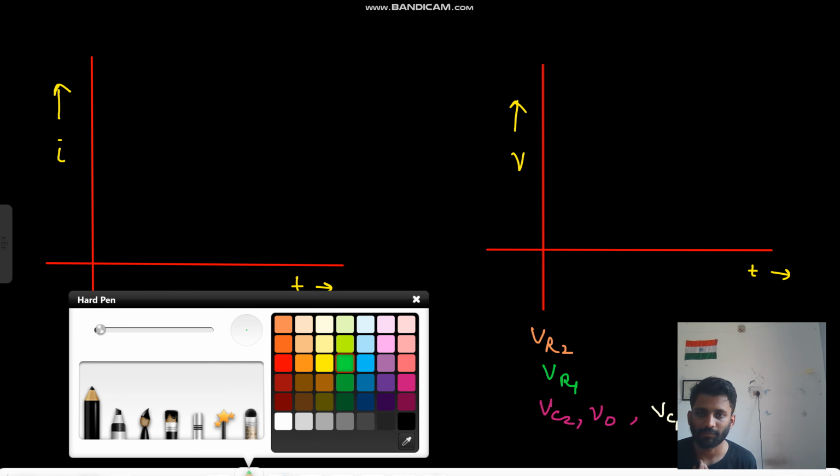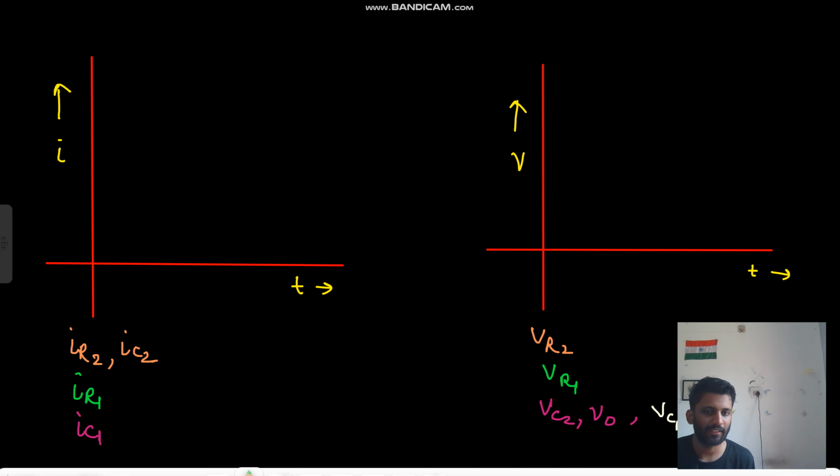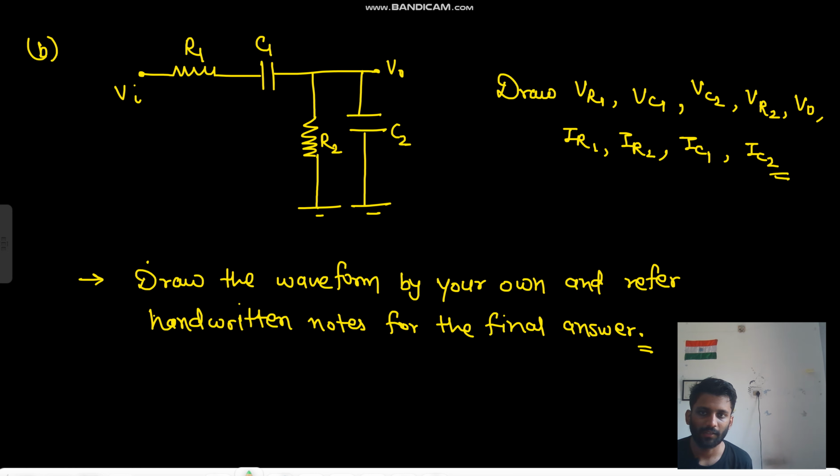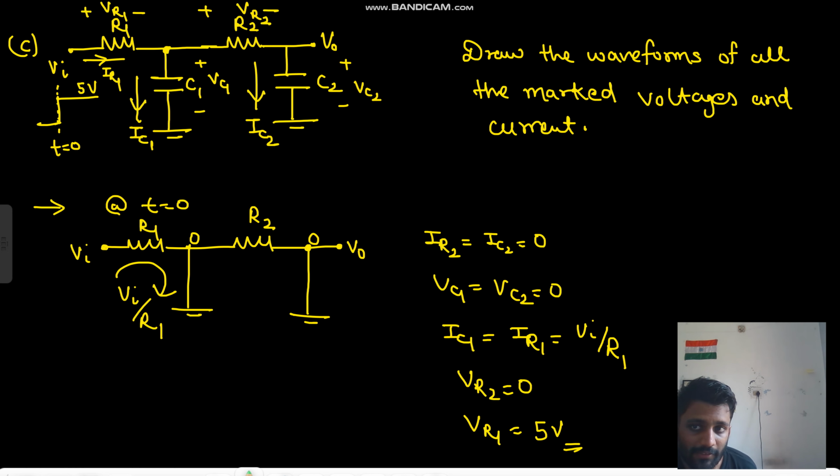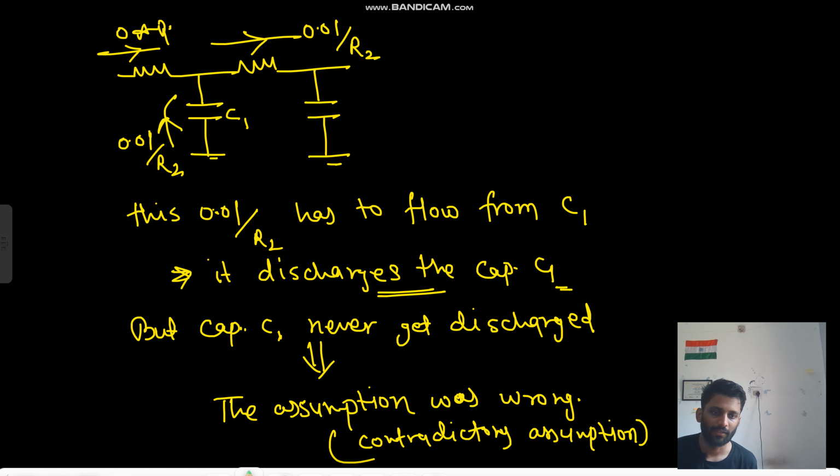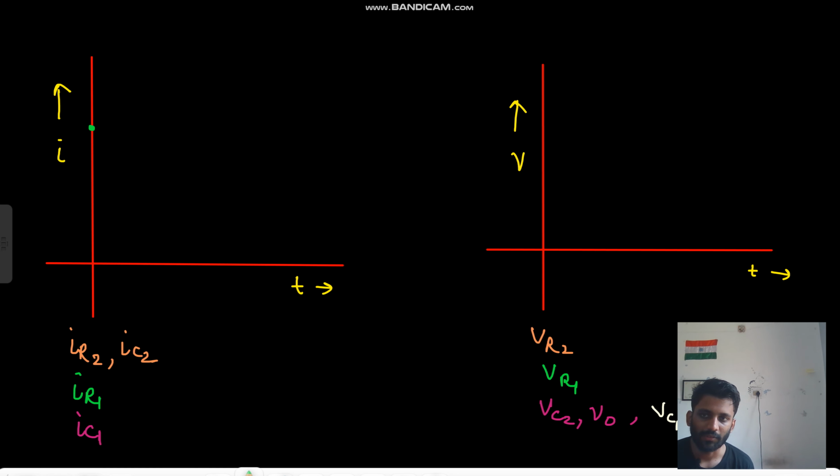So let us start from IR1. Initially IR1 was 5 by R1, right? The same was IC1, and then eventually it goes to 0. So it starts from 5 by R1 and always decreases and goes down to 0.